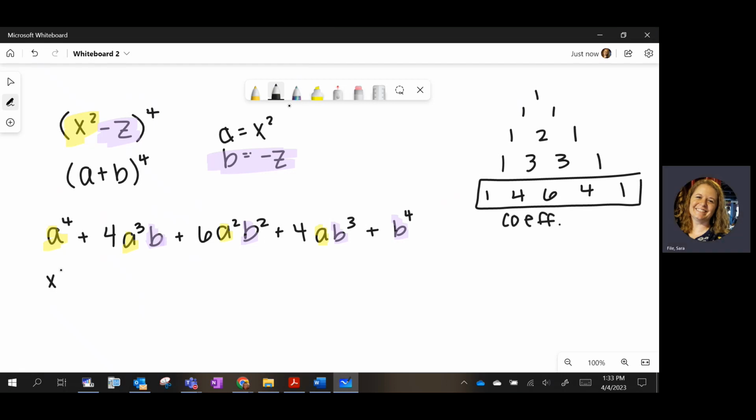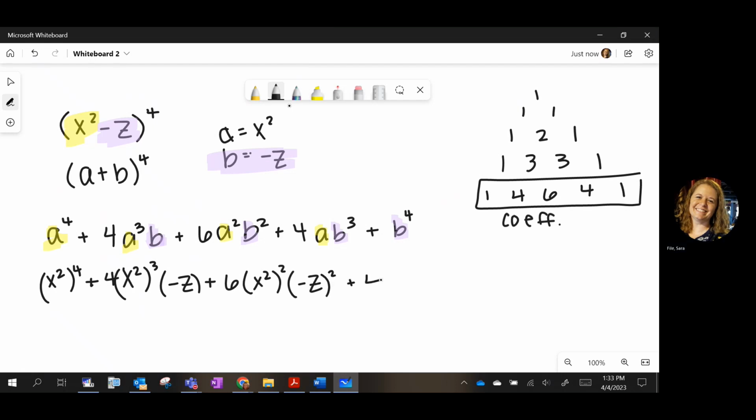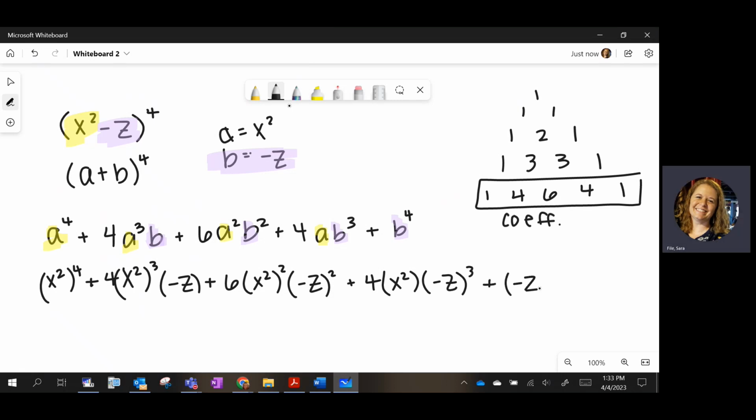So this is going to be x squared to the 4th plus 4 times x squared cubed times negative z plus 6 times x squared squared times negative z squared plus 4 times x squared times negative z cubed plus negative z to the 4th. I guess I didn't really need parentheses for that one.